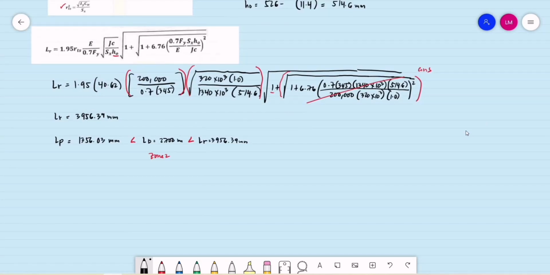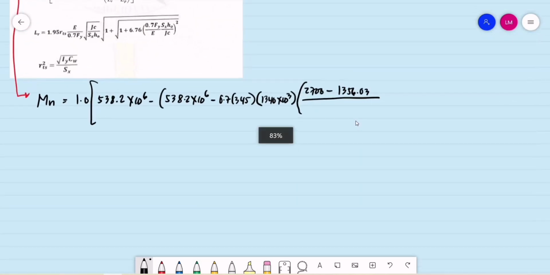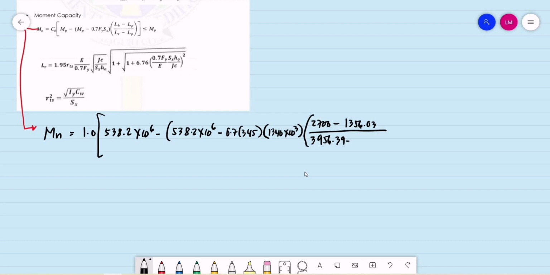L sub R is 3,956.39 less L sub P, that is 1,356.03. Then this should be less than the value of our M sub P.